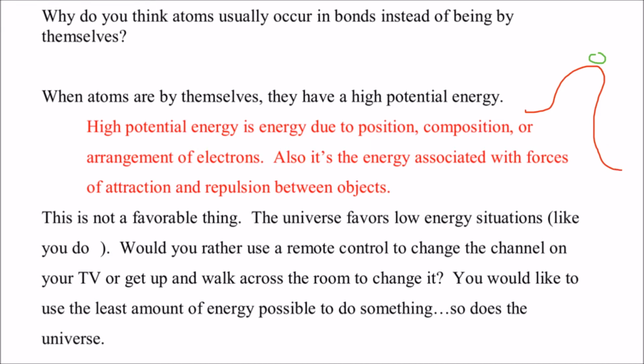It wants to roll down the hill and be at this low energy situation. And that can only happen if it bonds to something else. So if some other atom comes into this vicinity and gets close to it, then they could both bond with each other, and that reduces their potential energy. And that is something the universe favors, and so that's why bonding happens.